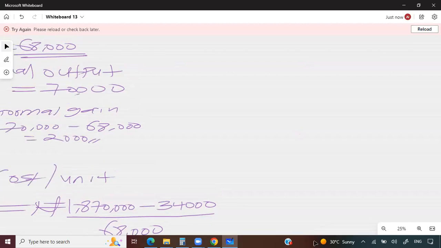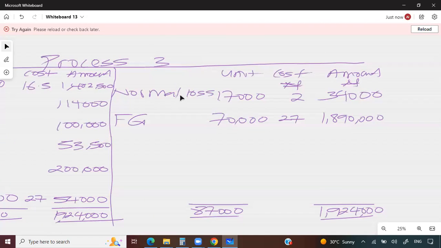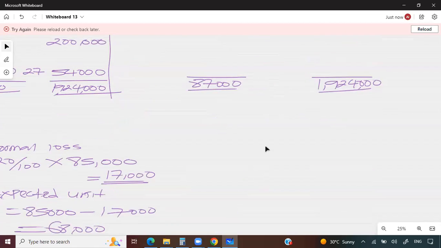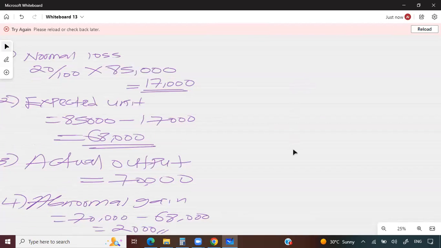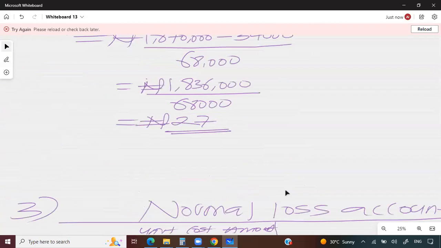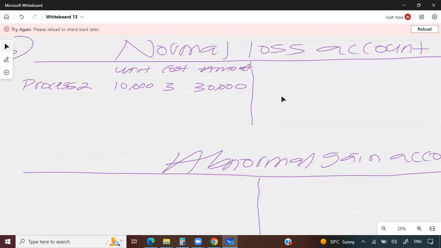Then where do we see normal loss again? There's normal loss in each of the production processes. We have normal loss in Process 3 as well, which is 17, at 2, and 34,000.